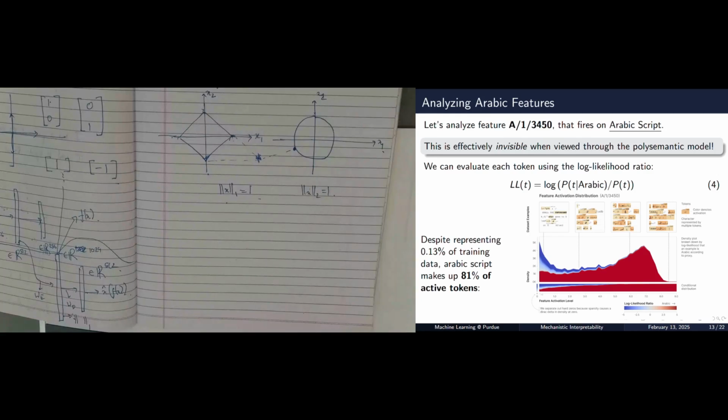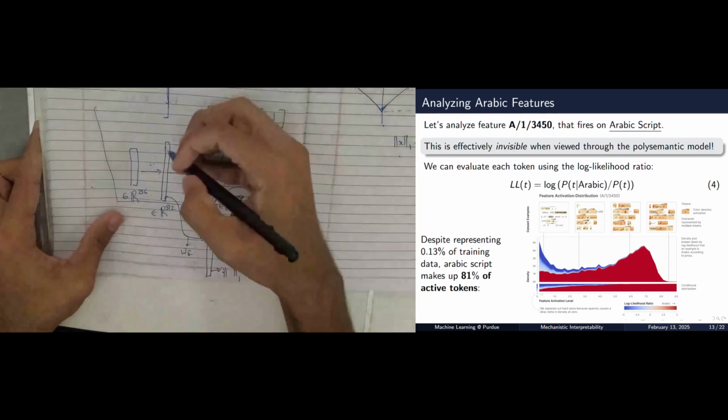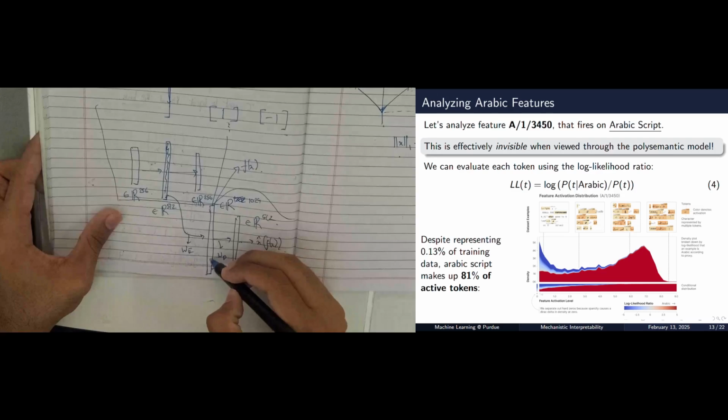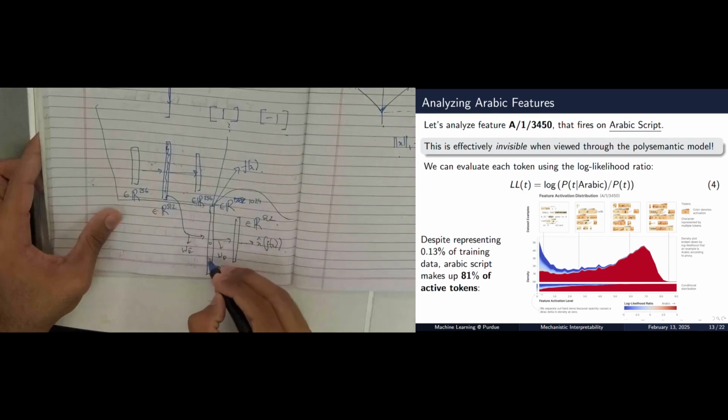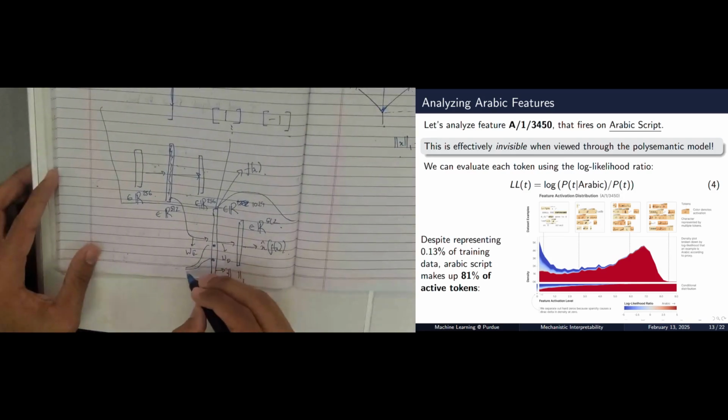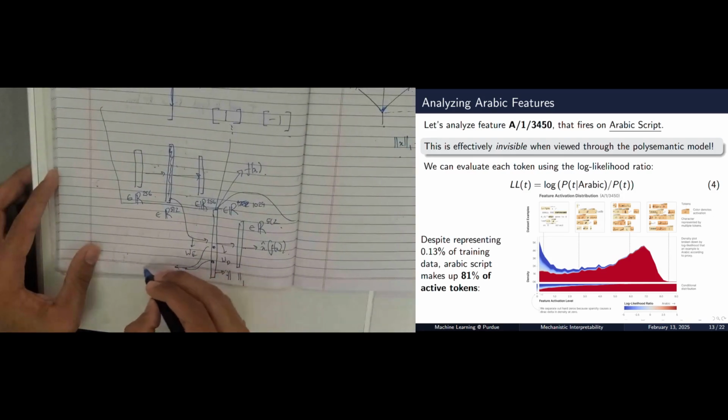So whenever any text in Arabic script was used as part of the inference process, you get the activation, and it would go through this sparse autoencoder. You would identify a couple of neurons, maybe a combination of two neurons, that represent the feature of Arabic.